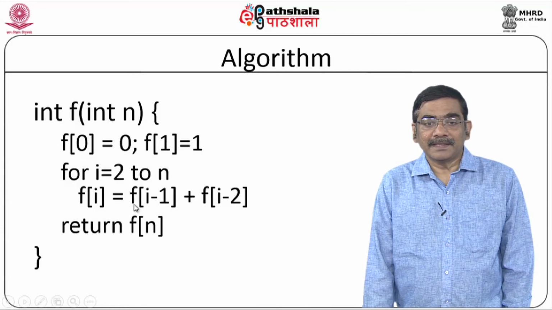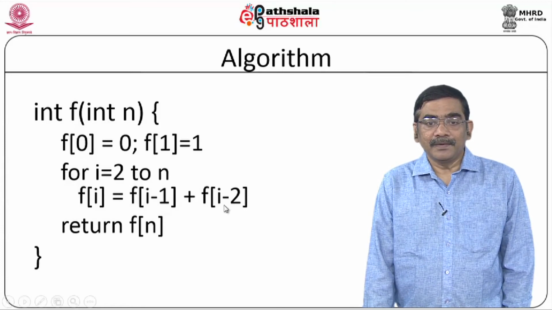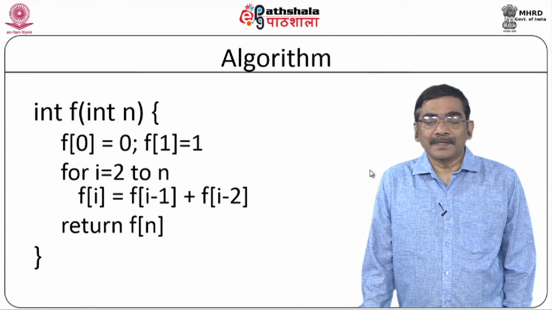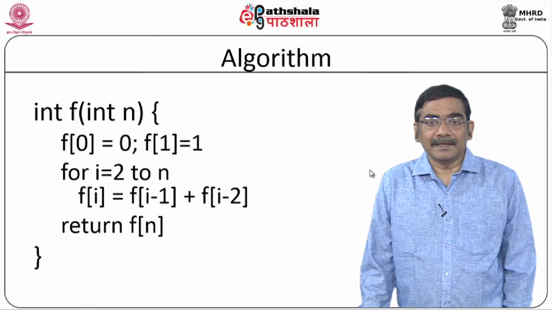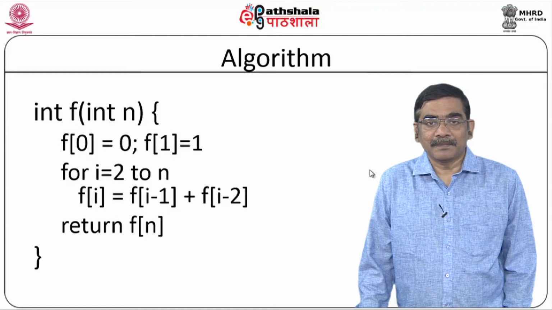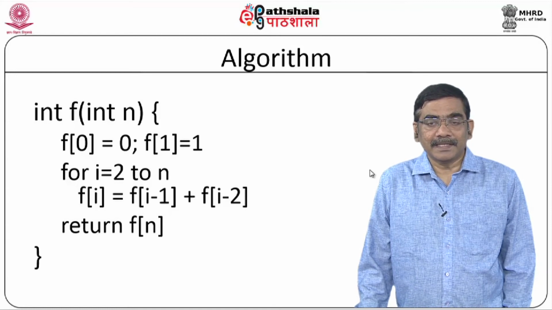So, you can see that I am simply reusing the table content instead of recomputing. Therefore, suddenly this algorithm, which was exponential in the earlier case, becomes a practical algorithm for solving this problem. In other words, this is going to be a polynomial algorithm.